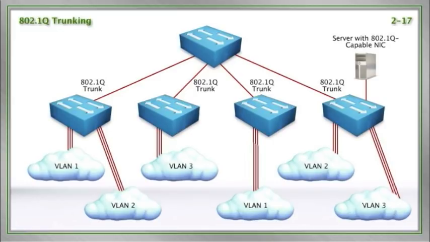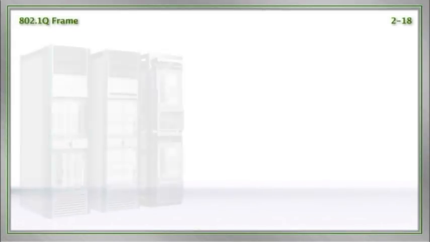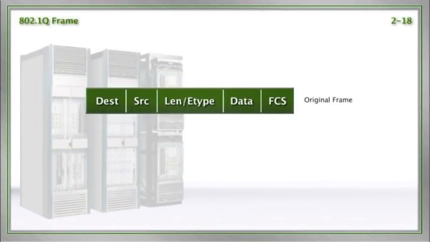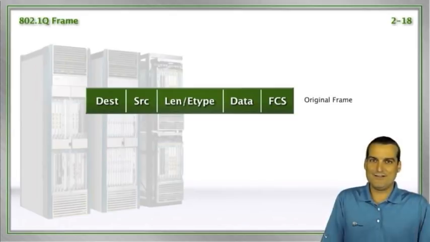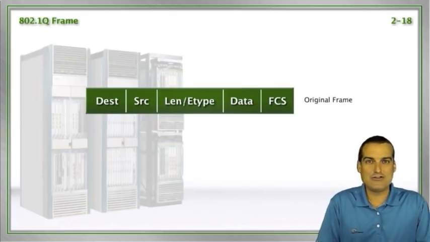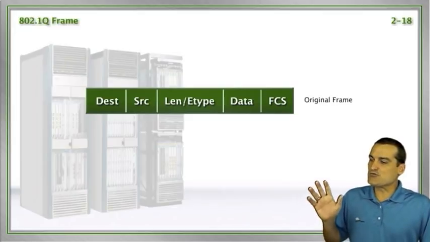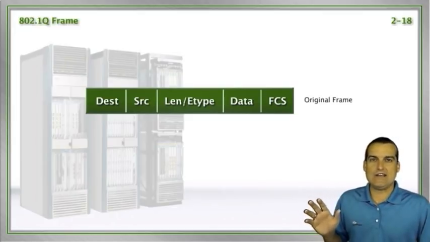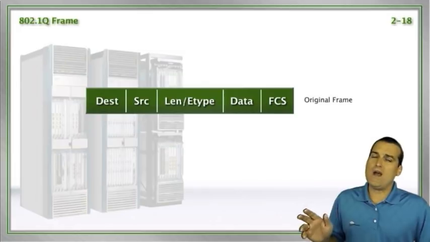The way in which the world is settling on how to trunk in Ethernet now is with the standards-based technology called 802.1q. That's right, 802.1q. This is really the standard way to do it now. And it wasn't always that way.